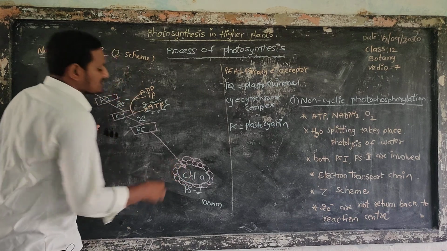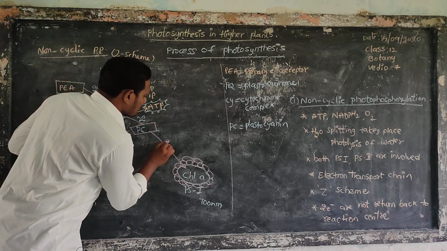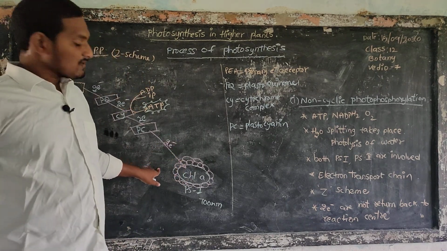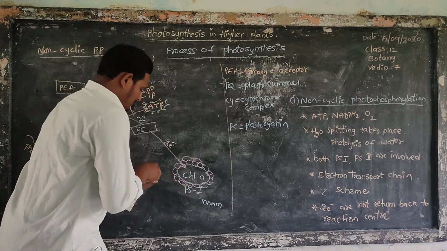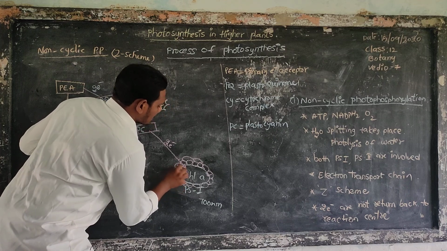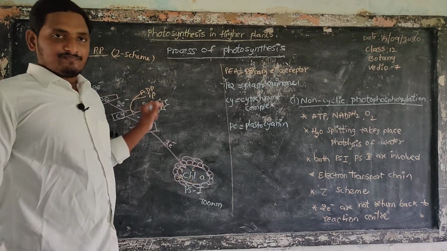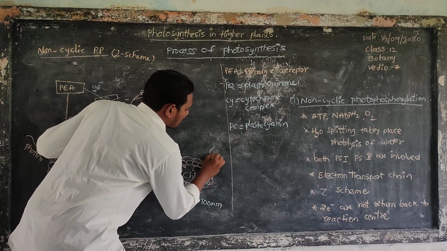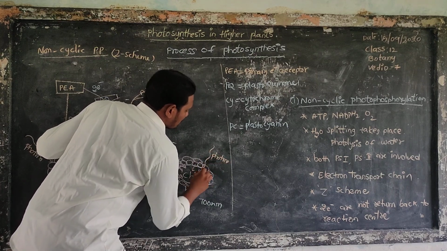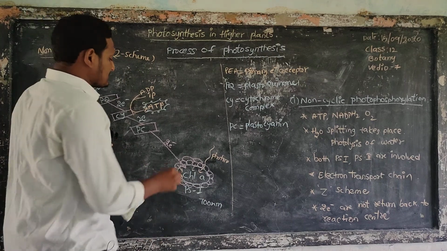Next, plastocyanin sends these electrons to photosystem 1. And photosystem 1, as usual, takes up energy from the associated pigments, which energy falls from the photons, solar energy, and chlorophyll A is excited.